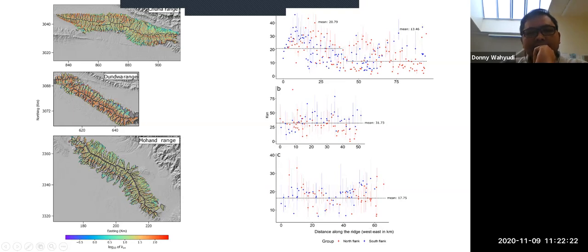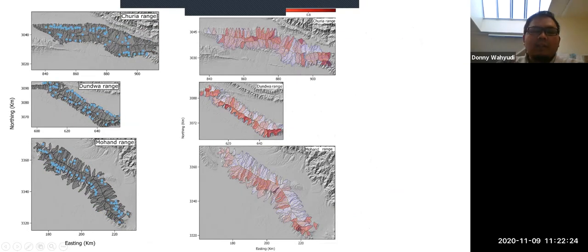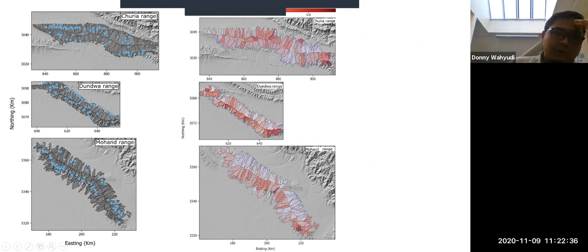And okay, so this is the mapping of the knickpoints and the channel concavity across these ranges. If we look at the knickpoint mapping here, we can see there are alignments of knickpoints everywhere. If we look at the Churia range, we have an alignment to the south of eastern Churia range over here.